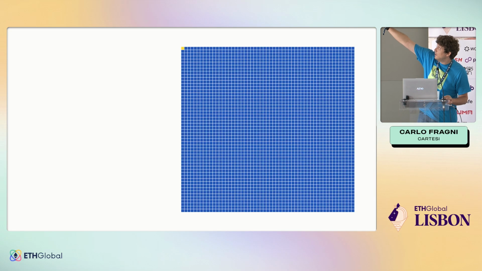The top left corner is a yellow square, and that would be 30 million instructions. And then 3.7 billion instructions would be all this blue grid. And that's not the limit of Cartesi machine computation. I just limited it to 13 seconds, but you can actually have computations as large as you want. Remember that this machine is just for your application, it's not shared among everyone, just like in Ethereum.